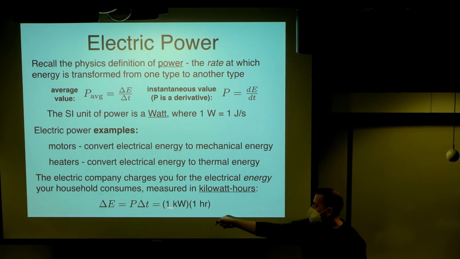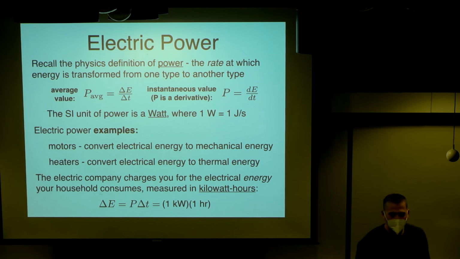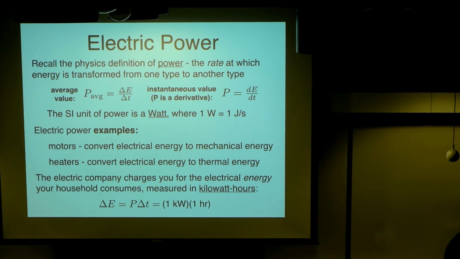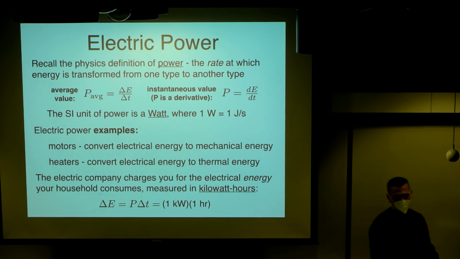And when you multiply those two together, you get a kilowatt hour. So 1 kilowatt times 1 hour is a kilowatt hour. That's the way you want to think about it. And as you can see, it's a unit of energy. So it's a way of just totaling up how much energy you've used in your household. Okay? And that's what you get charged based on. Any questions on that?